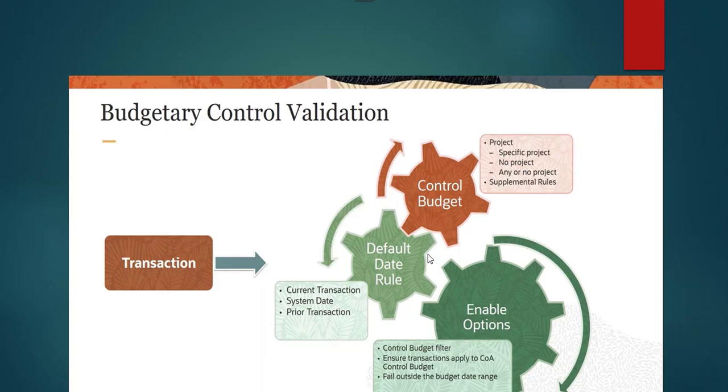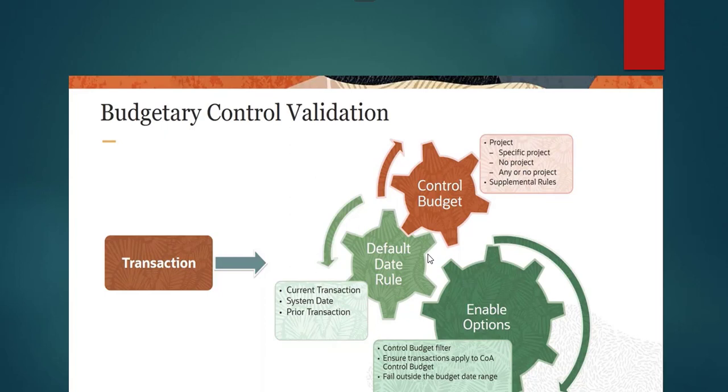Are there any sub-elemental rules that are going to override what we have set on our control budget? And also our default date, various settings that will impact how our transaction is validated.